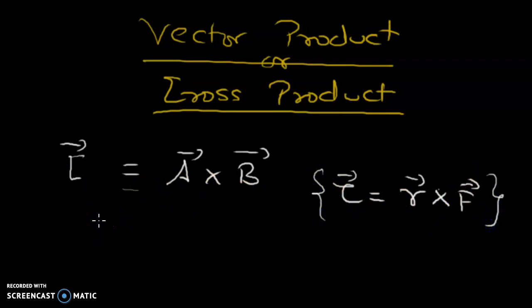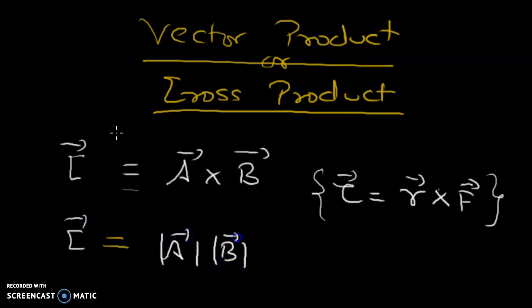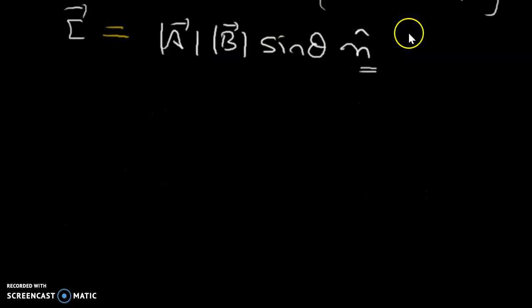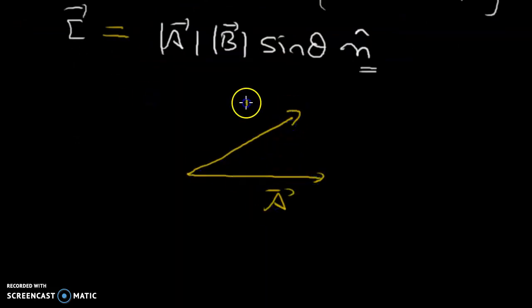What does a cross product actually mean? If the resultant is a vector, then we should also be bothered about the direction. So cross product is defined as, if I say C, it is the magnitude of vector A, times the magnitude of vector B, times sine theta, where theta is the angle between them, times n cap. N cap represents the direction of the resultant vector. Say for example this is vector A, this is vector B, and the angle between them is theta.